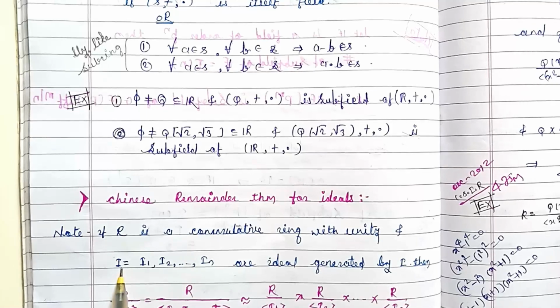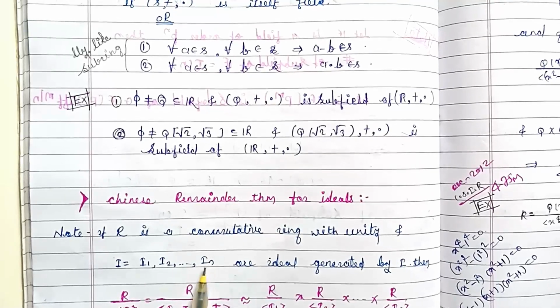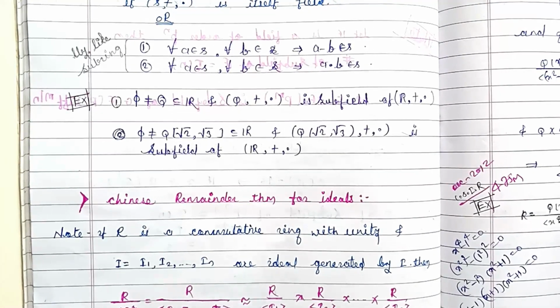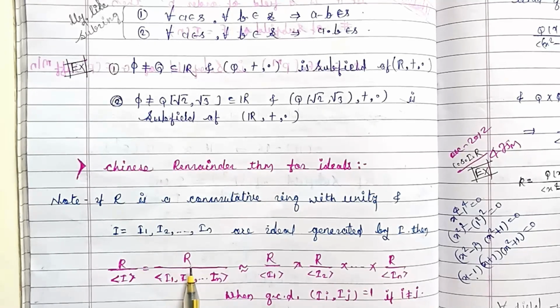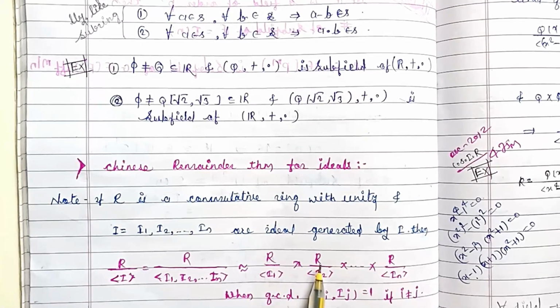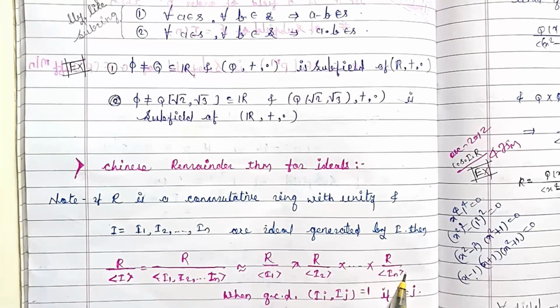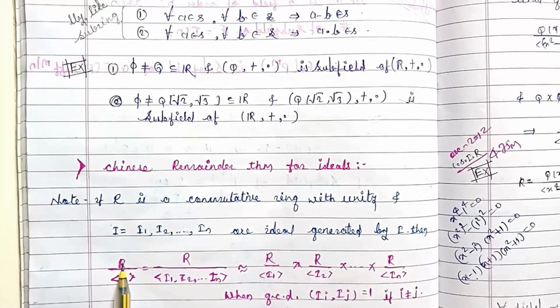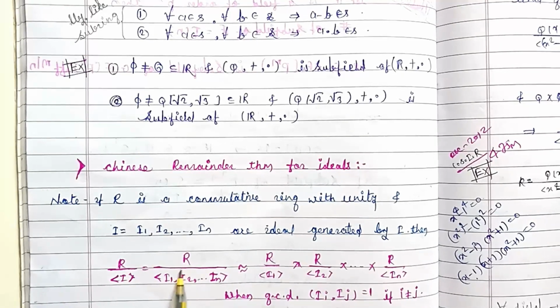That ideal can be expanded as I1 as a sub-ideal, I2 is also an ideal, In is also an ideal; all are ideals which together generate the ideal I. Then we write R by the ideal I, which can be written as R by the ideal generated by I1, I2, up to In. These are the ideals generated by capital I.